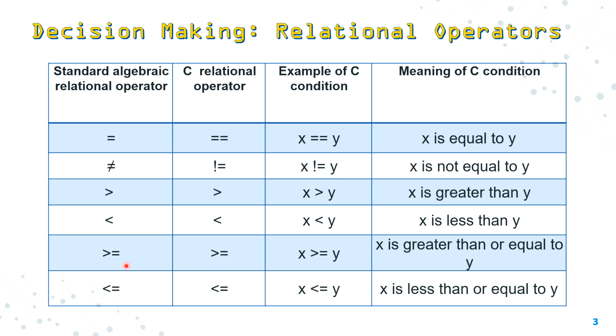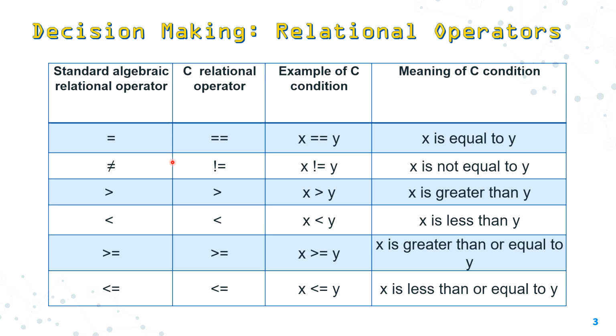They look exactly like we would expect, and they give the same meaning in C conditions, where x is greater than y, x is less than y, x is greater than or equal to y, x is less than or equal to y.